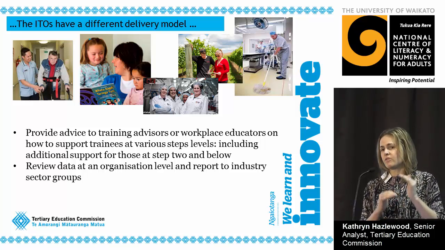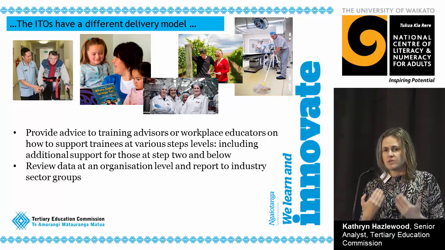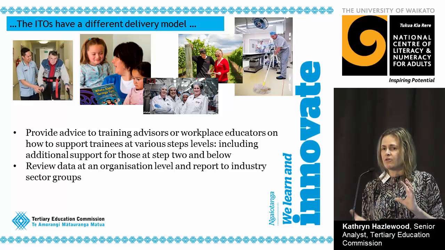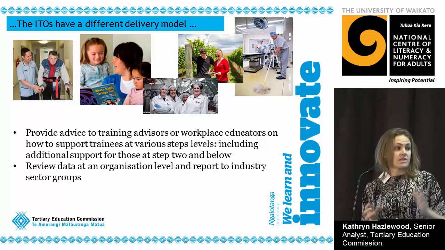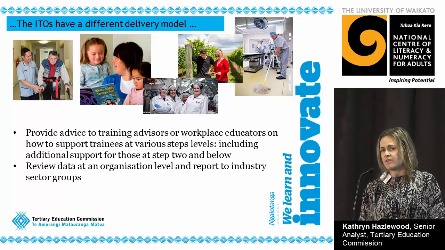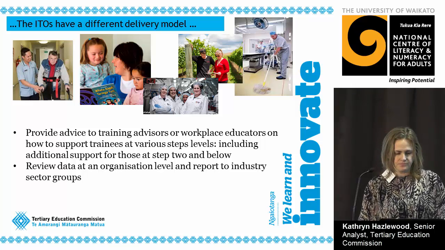If a learner came up at the higher level, it indicated that they would potentially be okay with self-directed learning. For the middle area, it was seen that there are other resources, like pathways, that the learner could be directed to. And again, like the other organisations, step 2 and below was a signal that they needed to look at additional support.